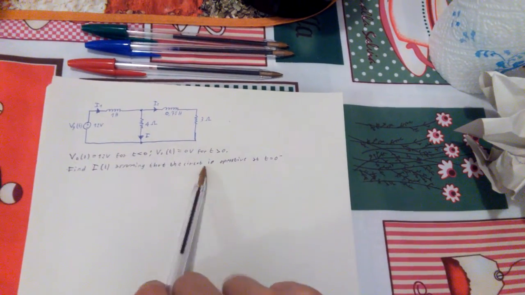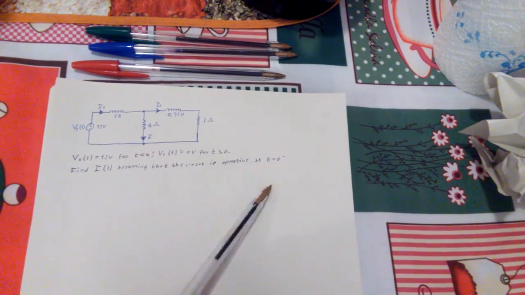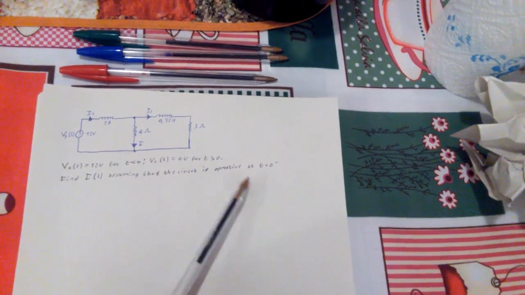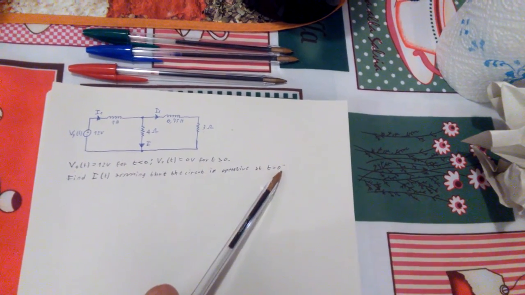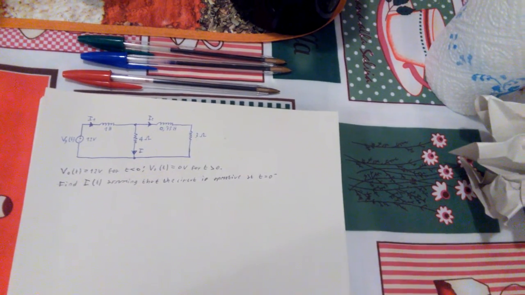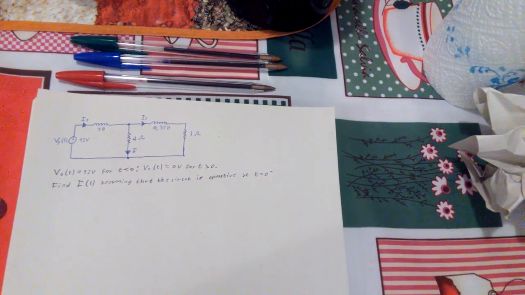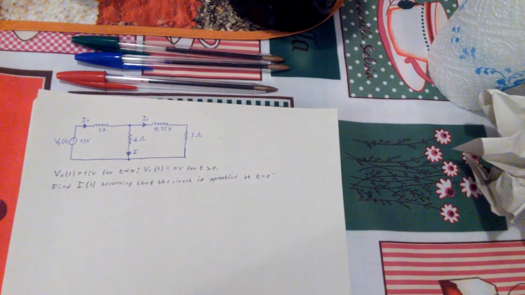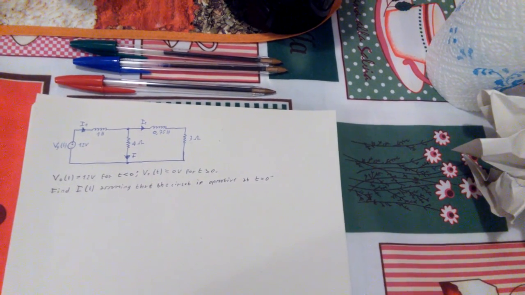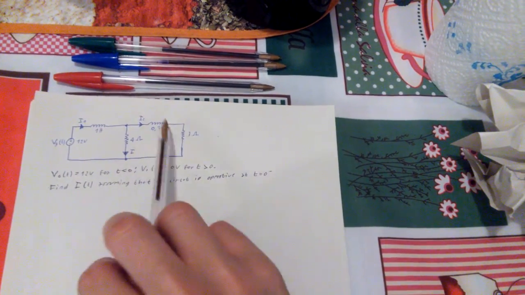Since the problem just said to assume that the circuit is operative at t equals 0 minus, the circuit is actually going to be easier when we find the current, because we can just consider the circuit without those two inductances.